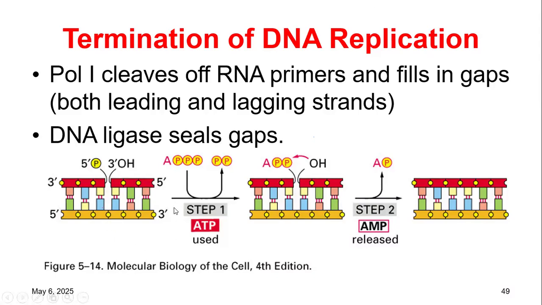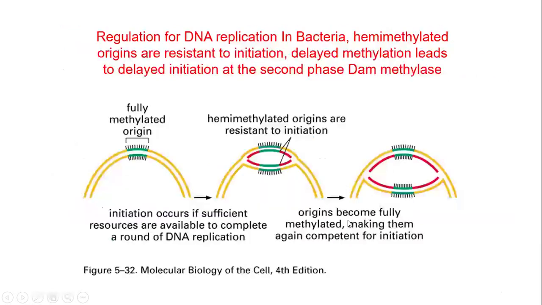You can see you bring in your nucleotide triphosphate, which will be added, and then this gap will be sealed. You can see eventually everything is sealed and AMP is released. Recall that ATP will come in and AMP will be released at the end of the day, and that particular portion is sealed.